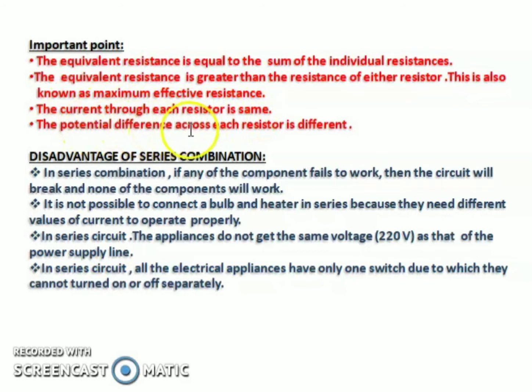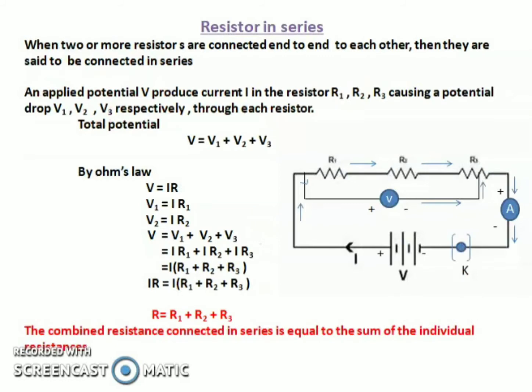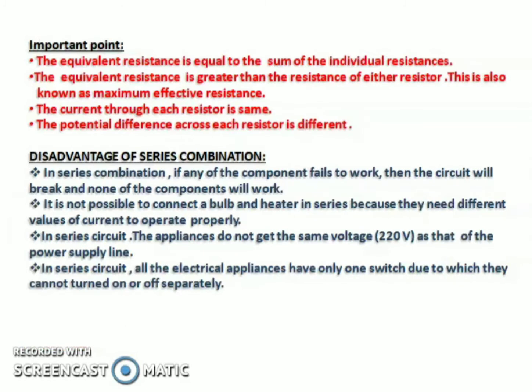The potential difference across each resistor is different. So you can see that the current is the same for each resistor, and the potential difference for each resistor is different.